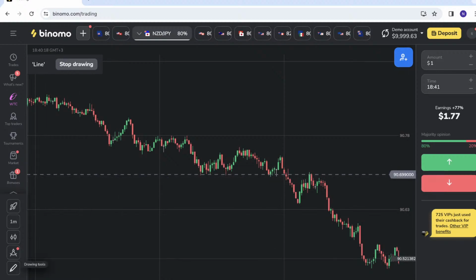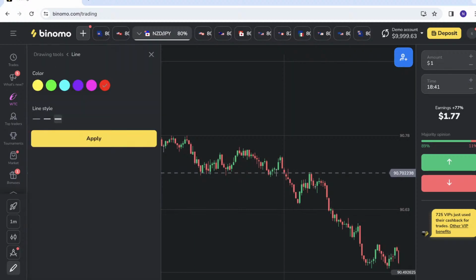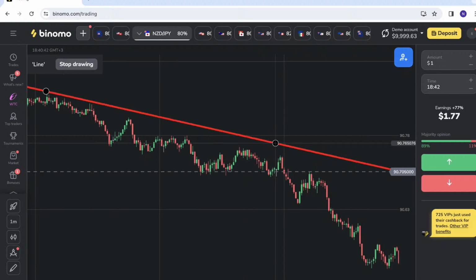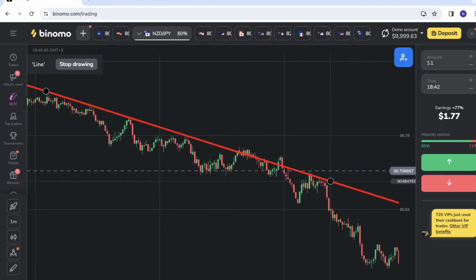So again, in the downtrend, I need to find maximum points to draw our resistance lines. At the left side, in the drawing tools, I will choose the red one for the resistance lines. At this point, I can see that price was testing some points, but it couldn't break these lines. So in this case, I can draw something like this, where my resistance line goes from the maximum points.